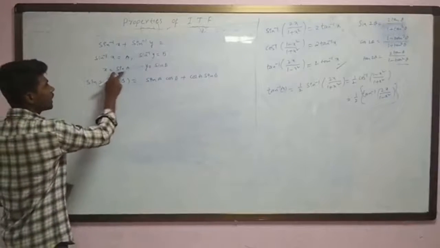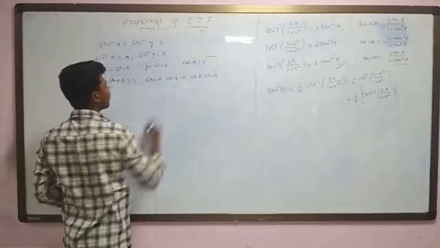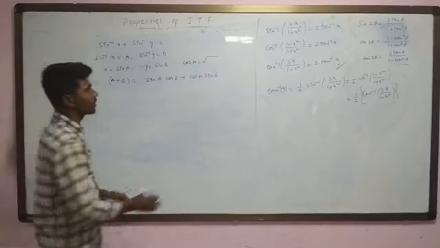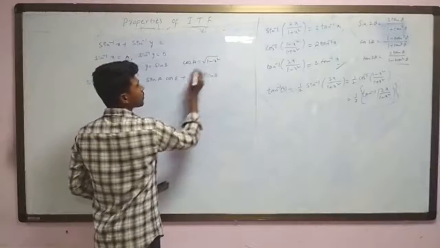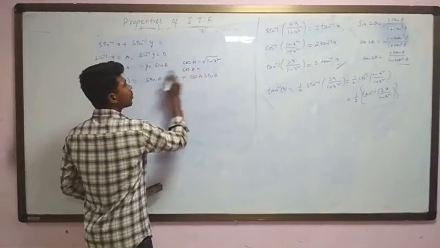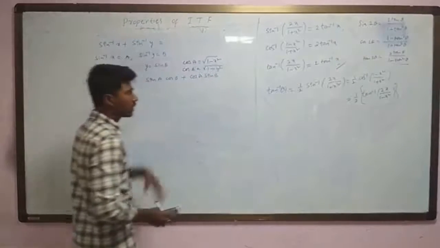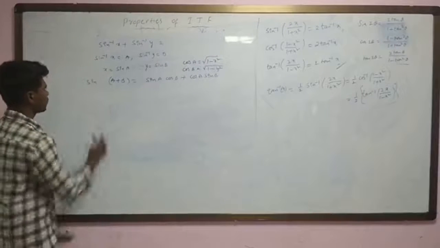If sin A is equal to x, what is cos A? Root of 1 minus sin square A, which is nothing but root of 1 minus x square. If sin B equal to y, what about cos B? Cos B is equal to root of 1 minus y square. So simply replace this. What I get?